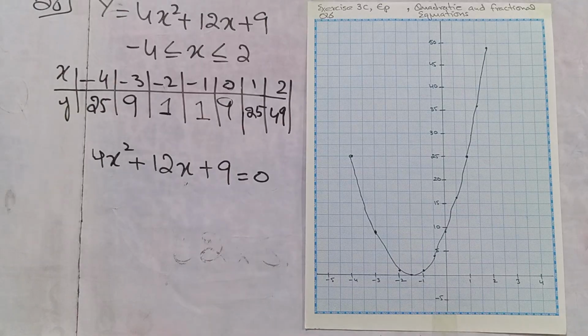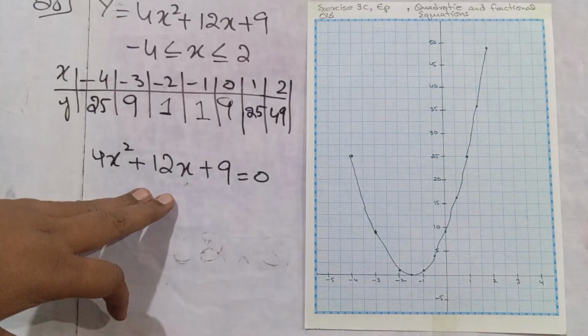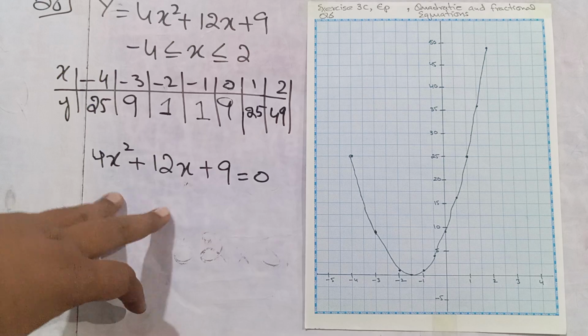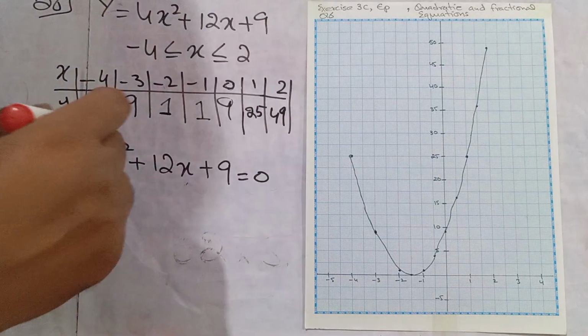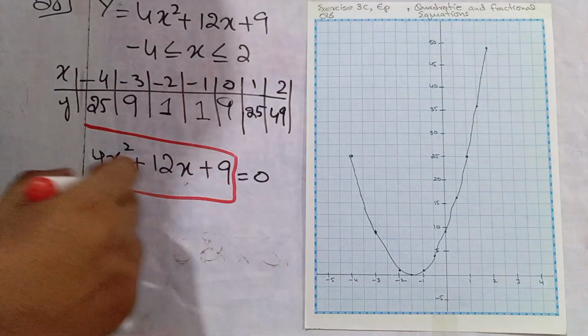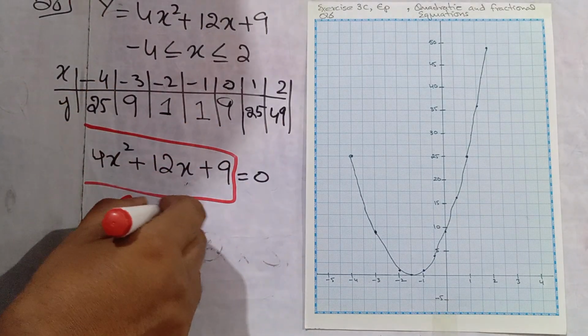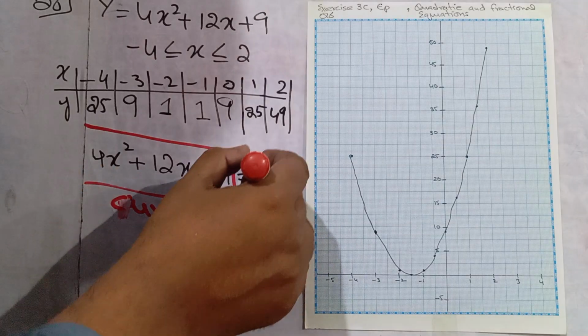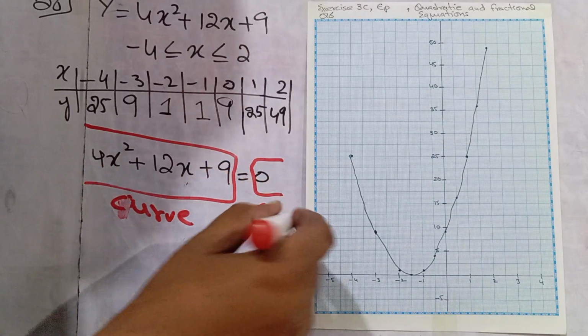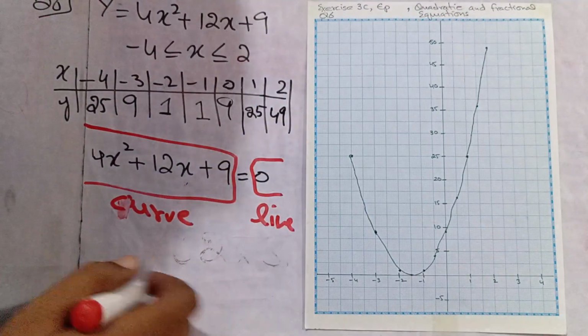The question they ask us is to solve this equation 4x squared plus 12x plus 9. So if you pay attention to this, this is basically the expression for that curve. Okay, the curve, and so this will be the line. This curve, its graph is already here.